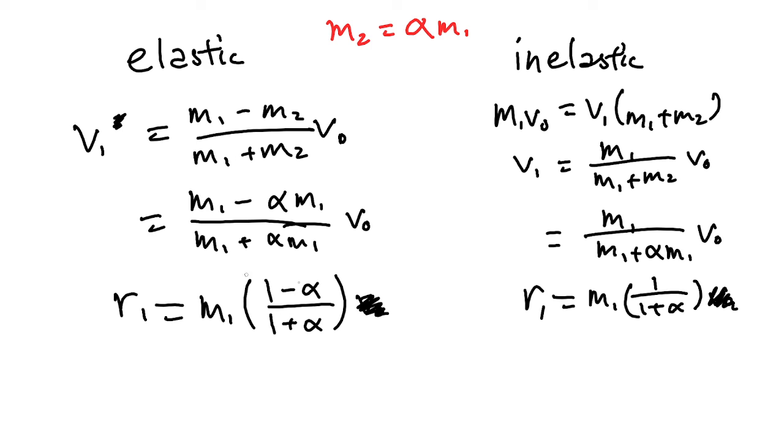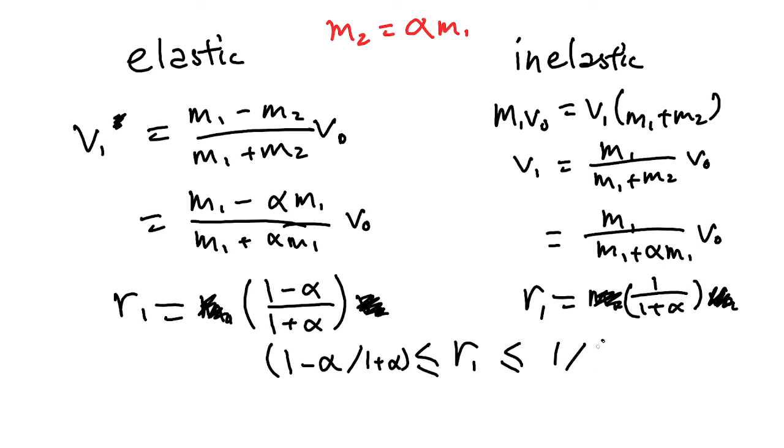So our final speed ratio, right? Since both of these have m1, we can technically eliminate these, because we're comparing those. So R1 is going to be bounded by 1 minus alpha over 1 plus alpha, and we have 1 over 1 plus alpha, right? Because if you think about it, that's how it's going to work.